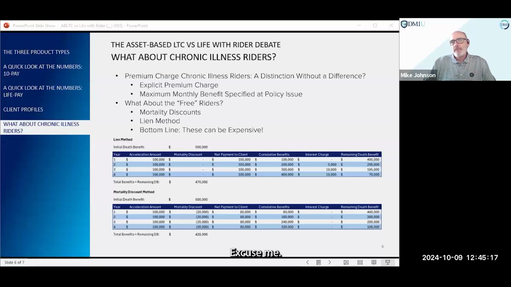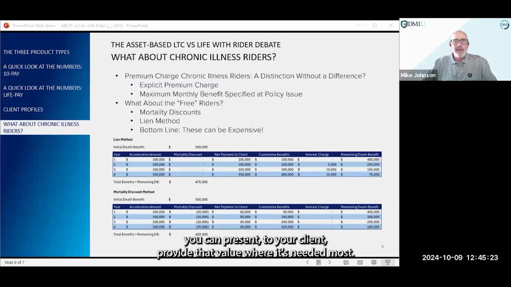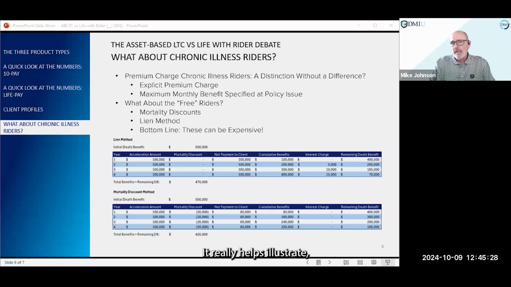So this really helps move that conversation to a solution that you can present to your client, provide that value where it's needed most. It really helps illustrate to your clients that you really truly have their best interest in mind. And I go back to statistics, and I think this is important to highlight.